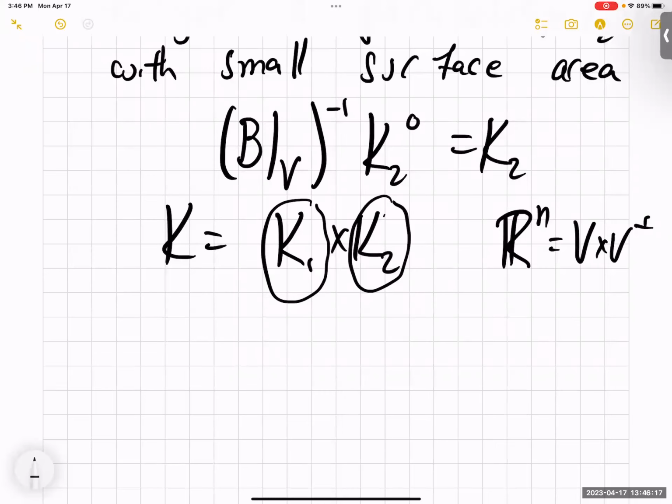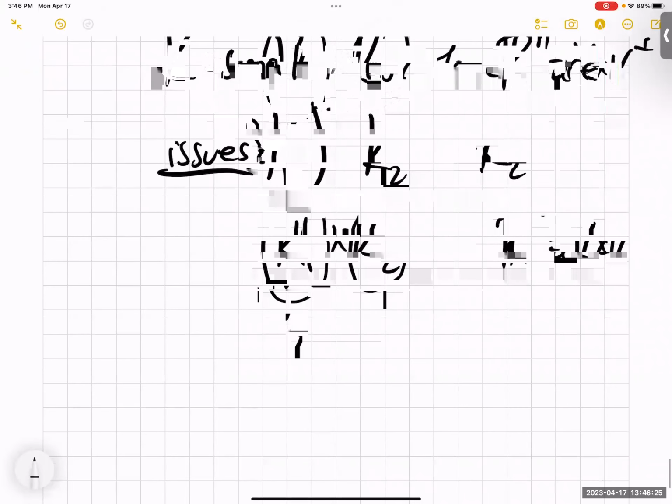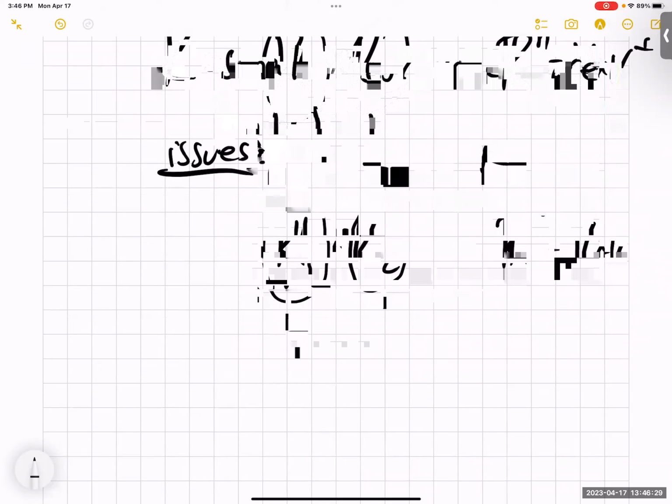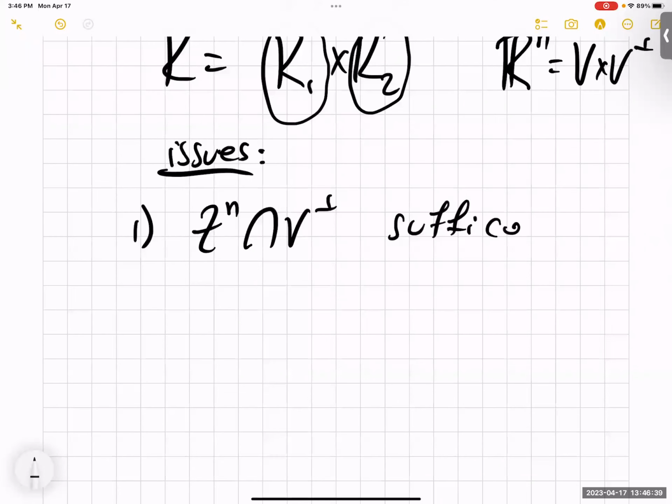Okay, so what are the issues to consider, and then we'll see how we solve them. There's a lot of issues with this hand waving that I didn't do anything yet, but what I'll do next is just formalize everything. So first of all, Z^n intersected V perp has to be a lattice, so it has to be sufficiently rich, whatever that means. This is something arithmetic, right?